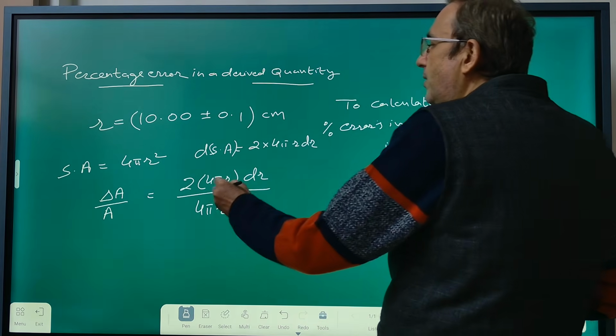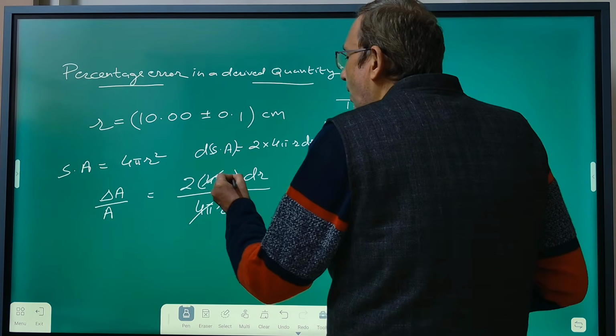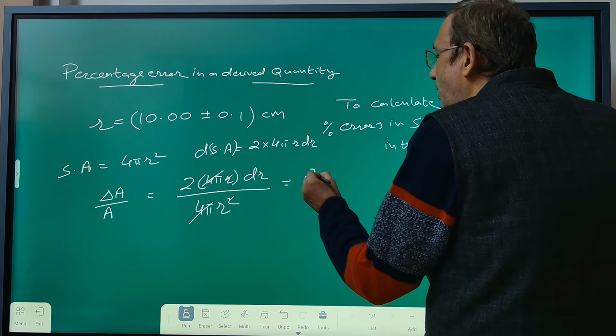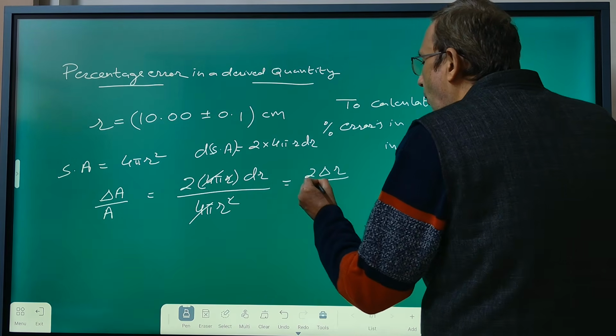So this 4 pi cancels with this 4 pi, and one r cancels with this r. So you get 2 into delta r over r.